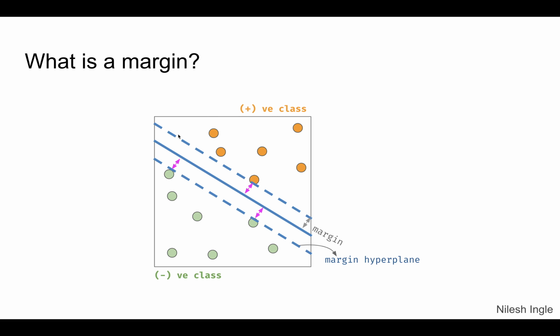And the dotted line is the margin hyperplane, or that is also a decision boundary that could be thought of as a soft margin, as we'll talk about later on. So margin is nothing but this space that's around the main solid decision boundary that we have.